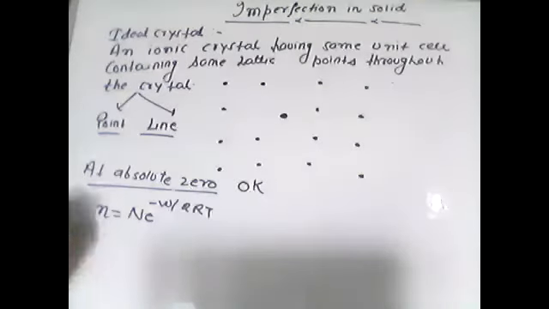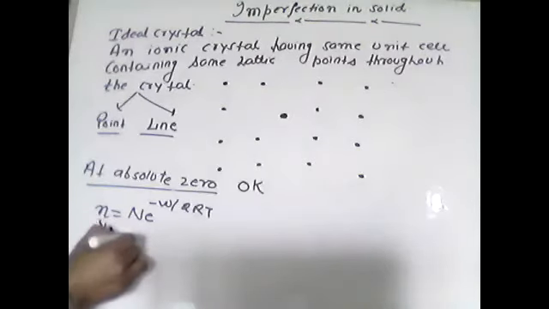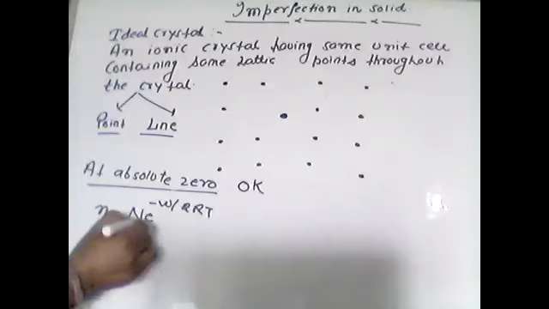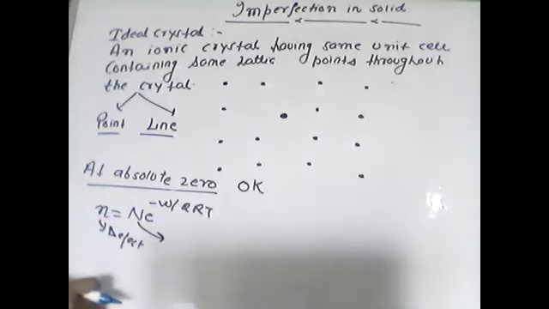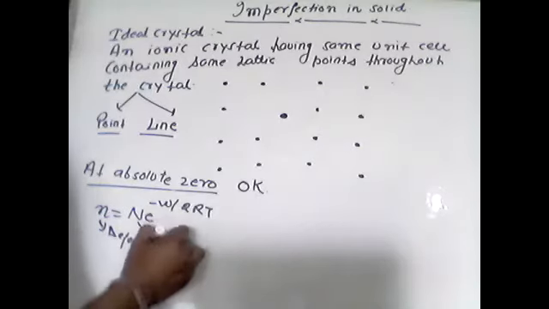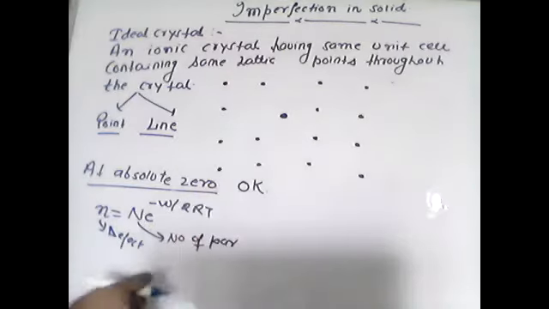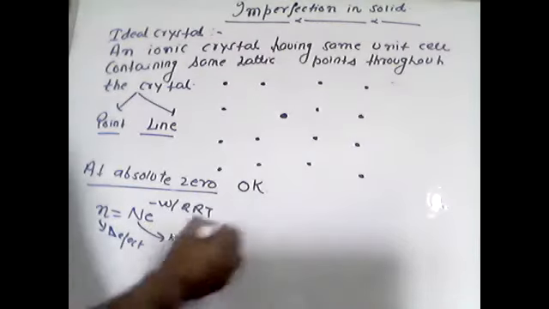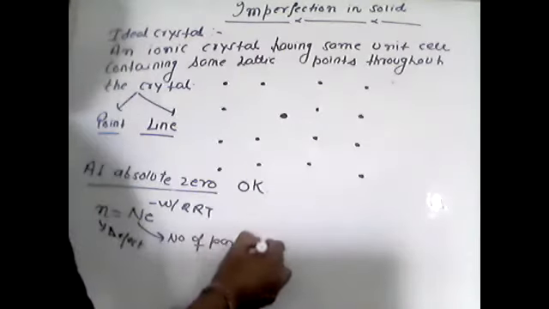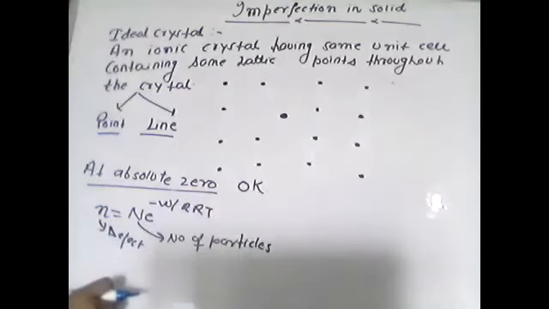It is just the relation between the number of defects and the number of particles. Here small n means number of defects, capital N means number of particles, and W by 2RT is the work function, the energy required to produce the defect.